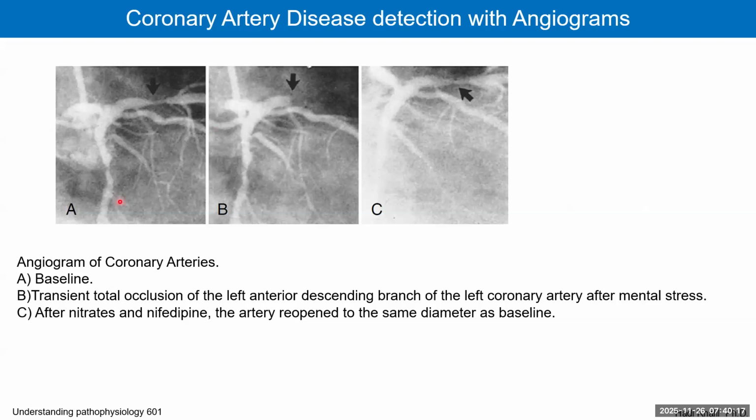Here, this is a normal baseline artery, and in this patient you can see that there's no flow beyond that point. So this is a good indication to localize where the blood clot is in the coronary artery, and we could also check that after using certain medicaments, it went back to good flow, after breaking down these clots.